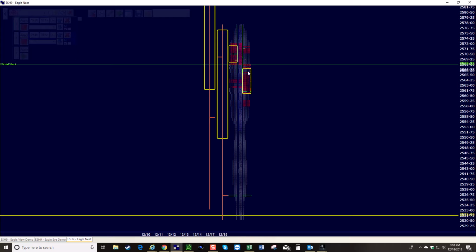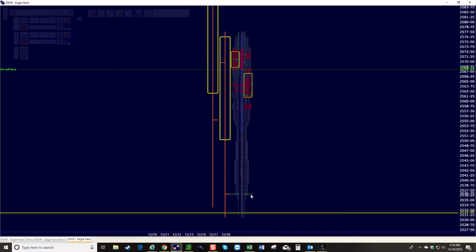On the right side, this 20% value area is telling me that the market spent more time just below the open, but nevertheless back within the value area. So we have the majority of the volume back within the value area, and the majority of the time back within the value area. However, the market closed near the low.